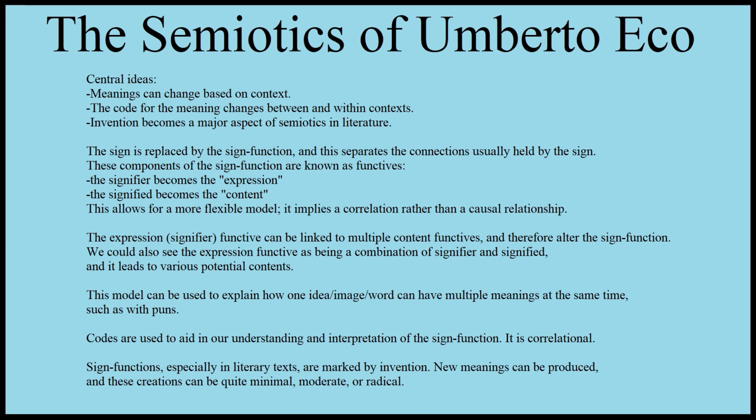So you can see that as the codes are being used to create a new understanding or interpretation of a sign function, right? It is correlational, as I said before. This isn't a one-to-one relationship. If you were to use that same pun in a situation in which eggs were not part of it, imagine if we were just out somewhere looking at clothes in a clothing store, and then someone said, I didn't expect that to happen.